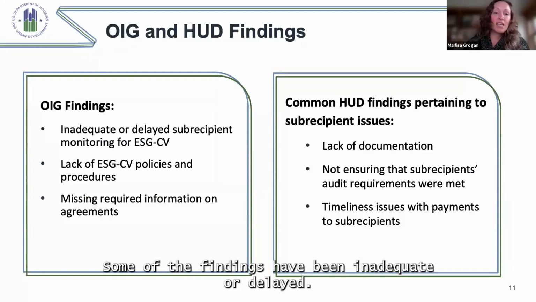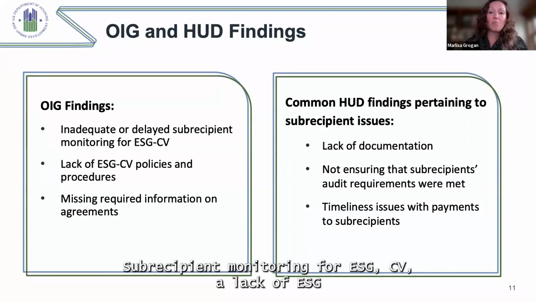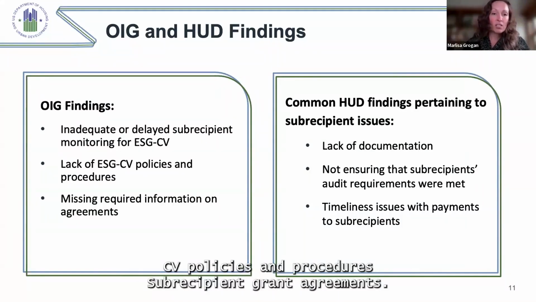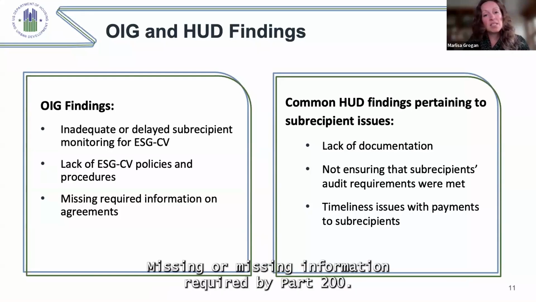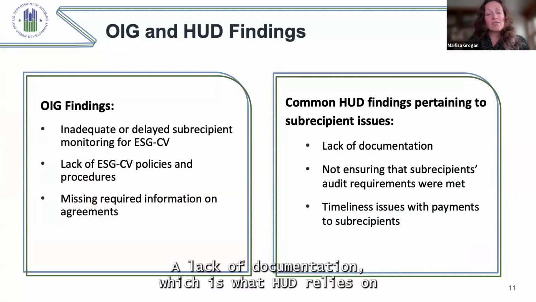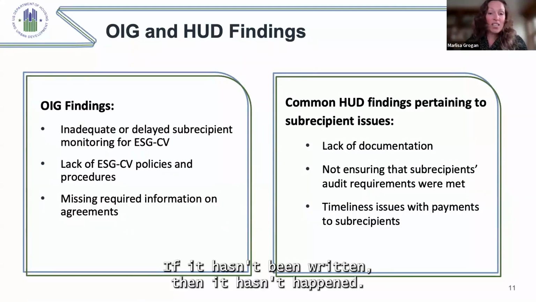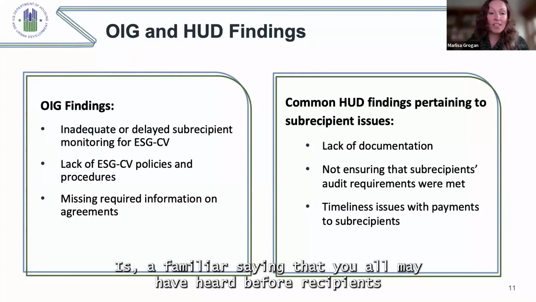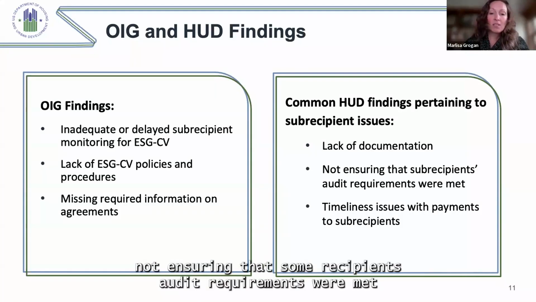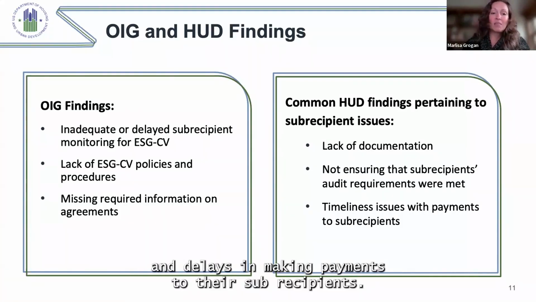Some of the findings have been inadequate or delayed subrecipient monitoring for ESG CV, a lack of ESG CV policies and procedures, subrecipient grant agreements missing information required by Part 200, a lack of documentation, which is what HUD relies on to determine whether you've met ESG requirements. If it hasn't been written, then it hasn't happened, is a familiar saying that you all may have heard before. Recipients not ensuring that subrecipients' audit requirements were met, and delays in making payments to their subrecipients.